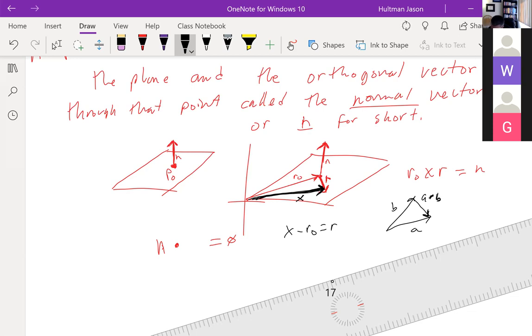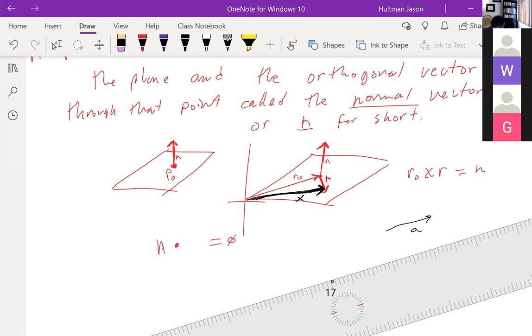A minus B is equal to R? Is it R naught minus X? Let me think about that for a second. Because the arrow points down for R, it's R naught minus X is equal to R.